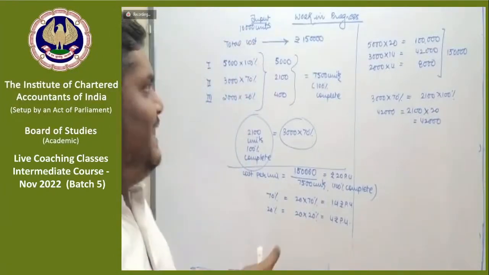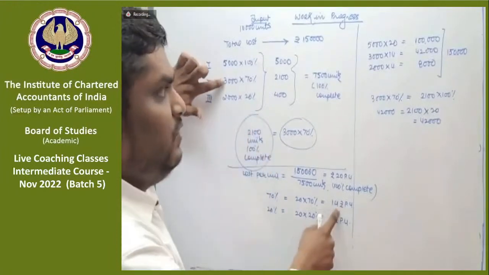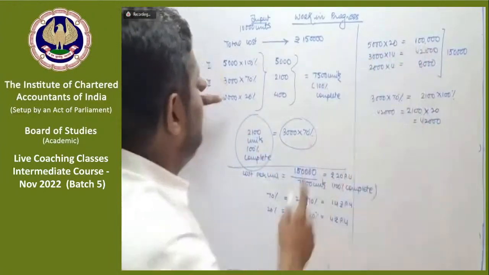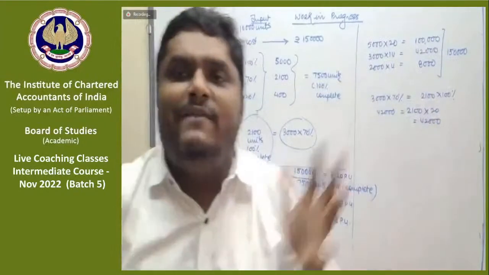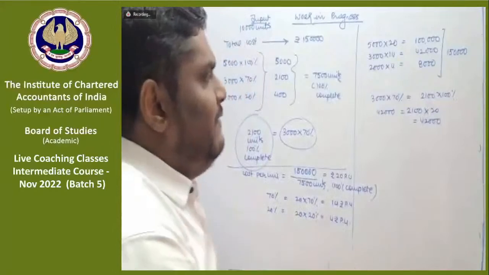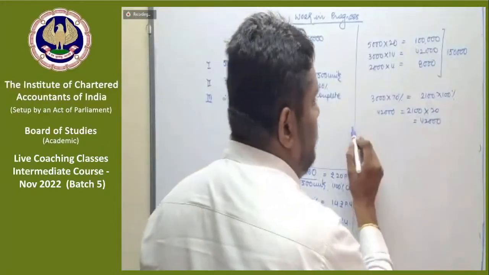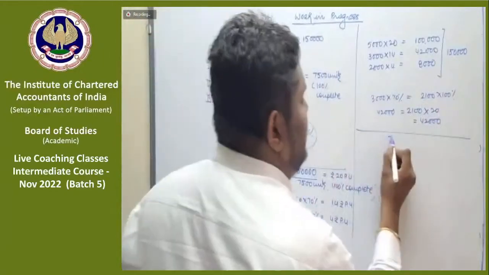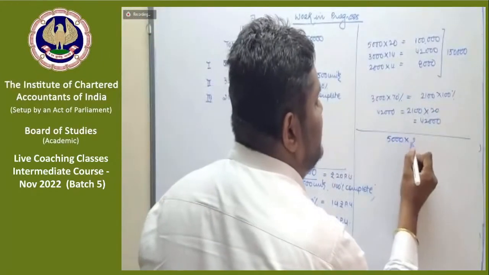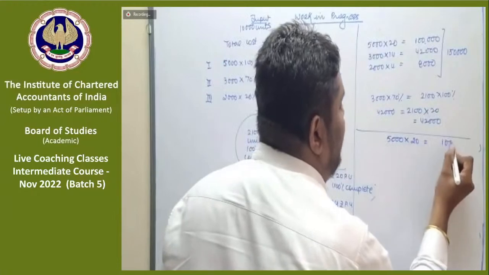So we can directly multiply 3,000 into 14, that is 42,000, 2,000 into 4, that is 8,000. So this is the way we can calculate. Alternatively, in this case also, wherein 5,000 units that are 100% completed is 5,000 into 20, 1 lakh.